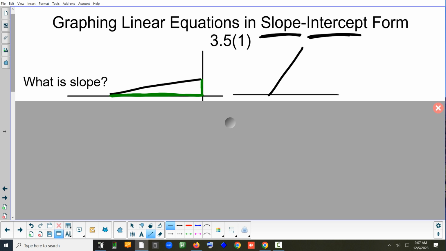Now if you look at one like this, that has a big difference. This ramp doesn't have a lot of length on the bottom. That's pretty short. But it brings you up very high. So that one has a steeper slope. We'll talk about the names of these two things.